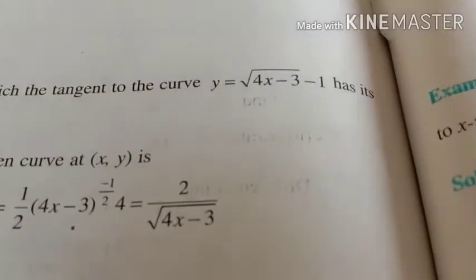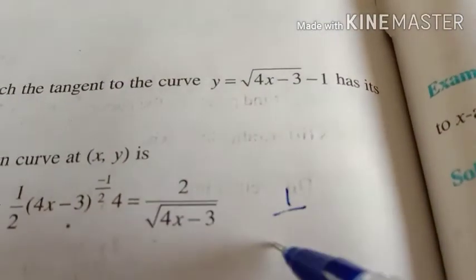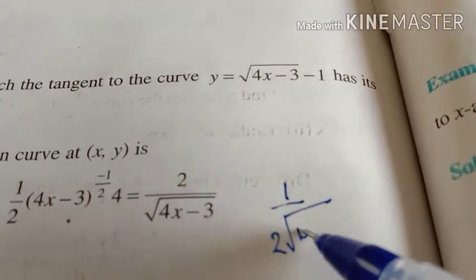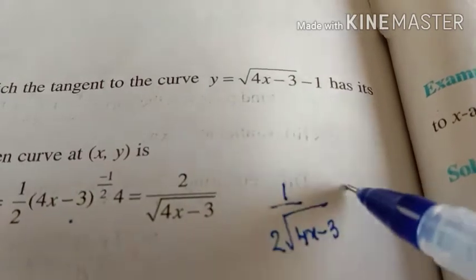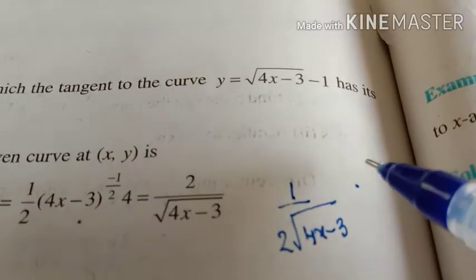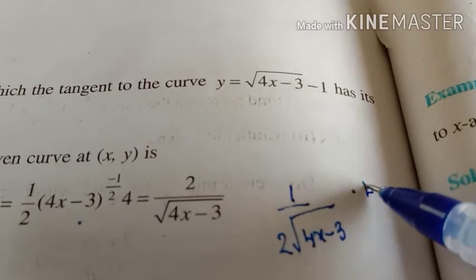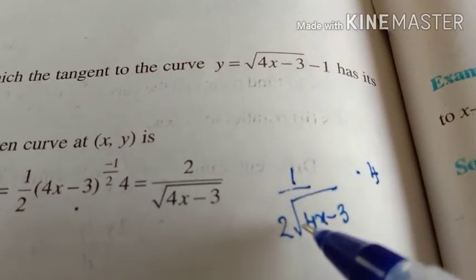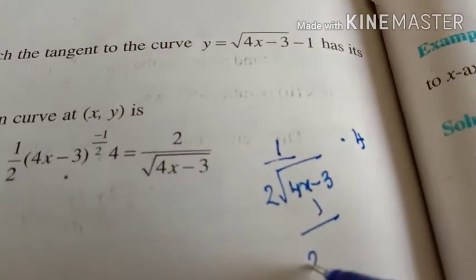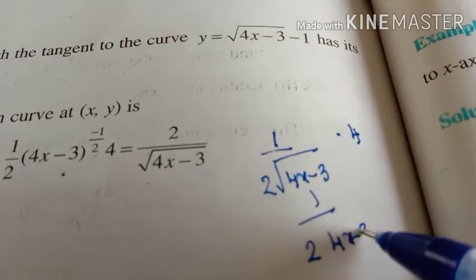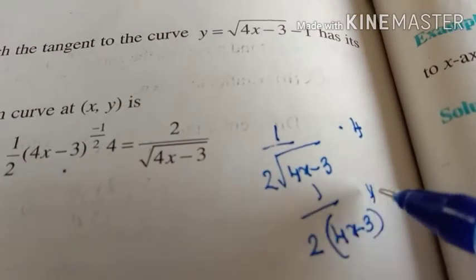So listen, 1 by 2 into root of 4x minus 3 into derivative of 4x minus 3. Derivative of 4x minus 3 is 4.